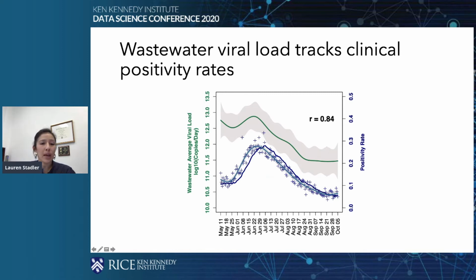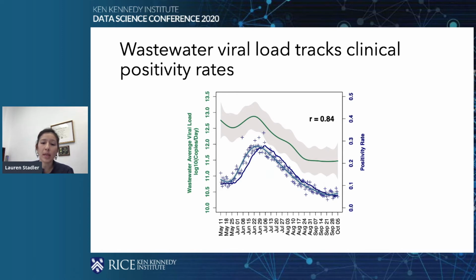We can then compare that to the clinical positivity rate. And so that's what's shown here in the blue. Each of these blue crosses represents an observation. The dark blue line is the 14-day moving average. And then this lighter blue line is just, again, the nonlinear regression fit to these observations. And we can see a strong correlation between our wastewater trend and our clinical positivity rate trend with a correlation coefficient in this case of 0.84.